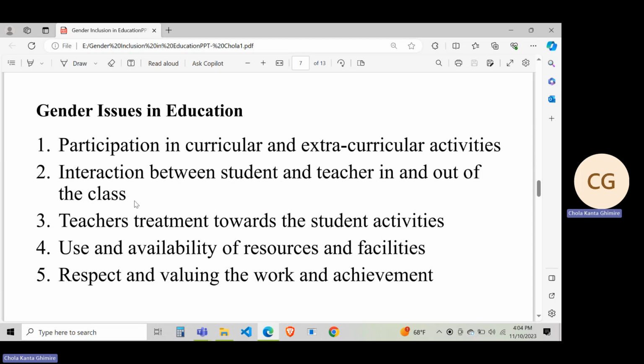The second issue is related to interaction between student and teacher in and out of the class.